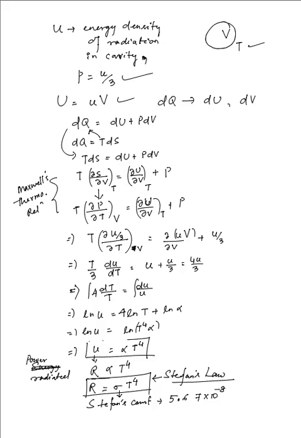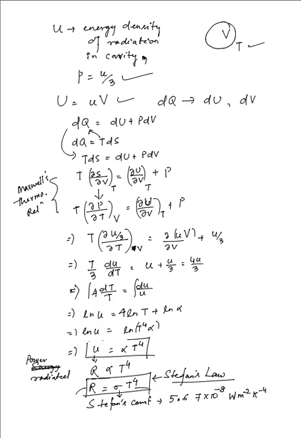Because this is the power and this is the temperature, this is the power radiated per unit area, so watt per meter squared per Kelvin to the power minus 4. So this is the unit of Stefan's constant, which has the value 5.67 times 10 to the power minus 8.